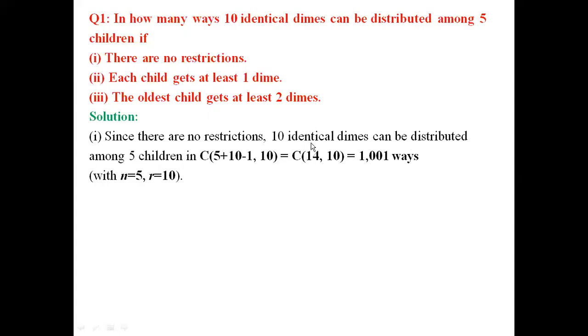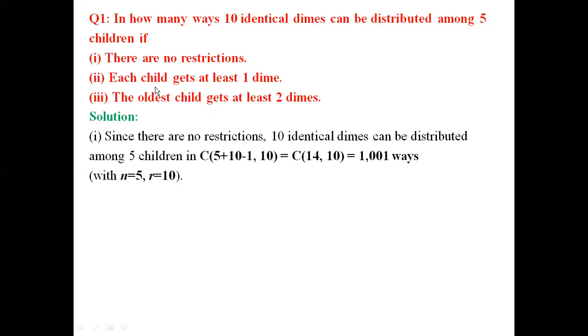And we are distributing those dimes to 5 children, so where we are distributing becomes n; the 5 children give the value of n. So this gives us the combination 14C10, which is 1001 ways. Here we have chosen n equal to 5 and R equal to 10. The first case was a simple one since there were no restrictions.